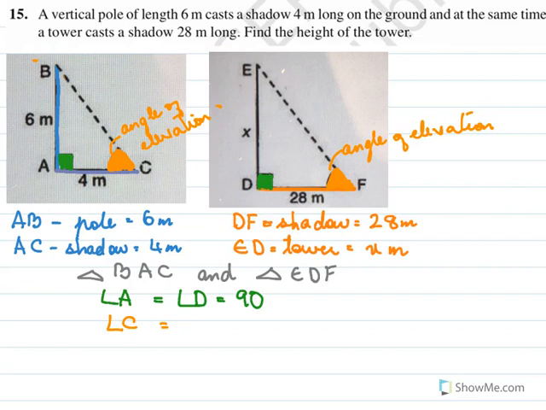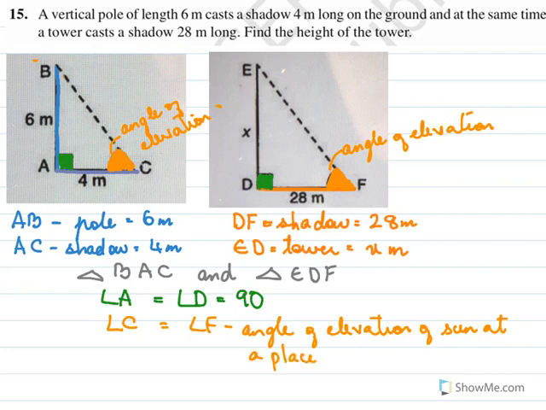So now we'll write angle C equal to angle F, the angle of elevation of the sun at a place is considered equal. So these two angles are equal.